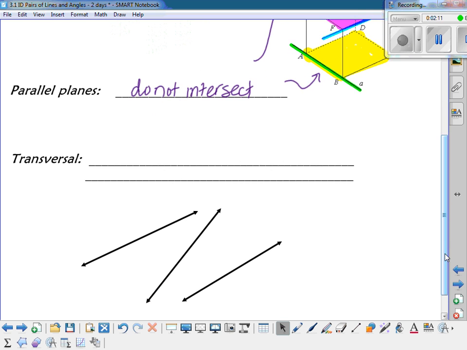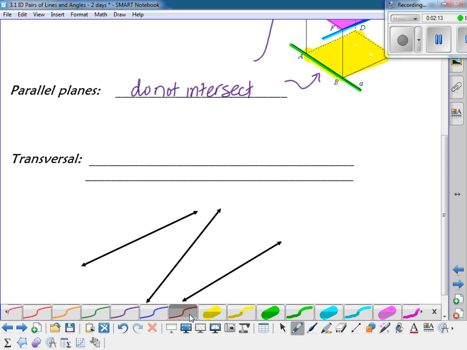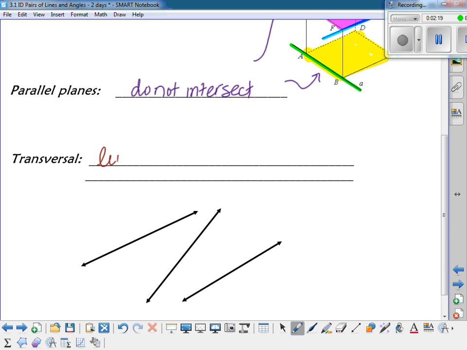All right, and a transversal is a line that intersects two or more coplanar lines at different points.